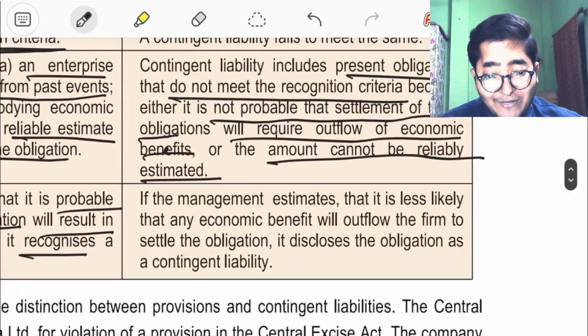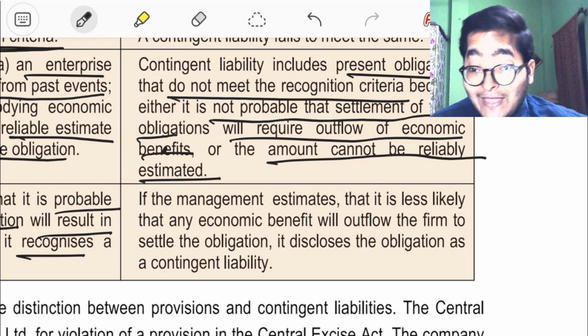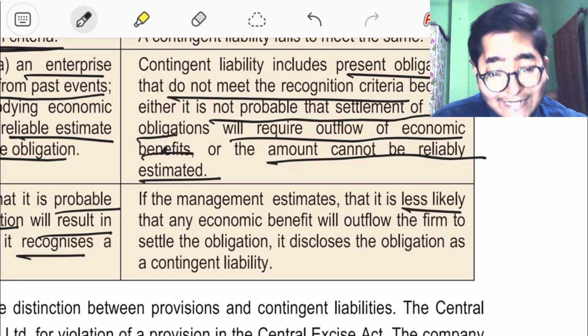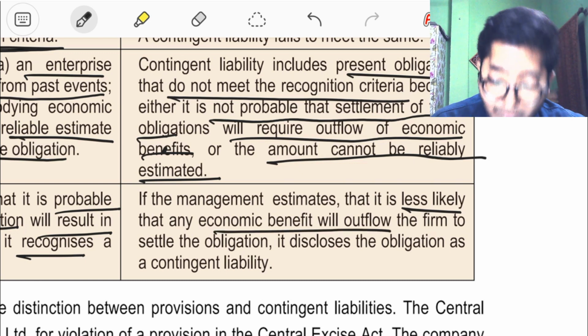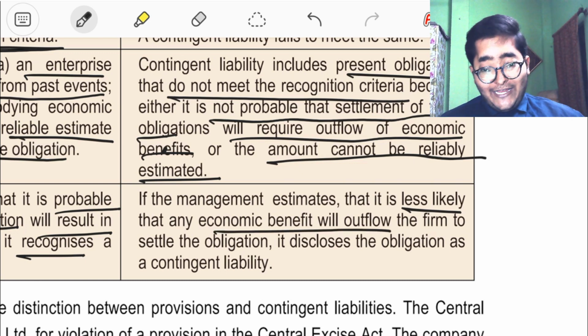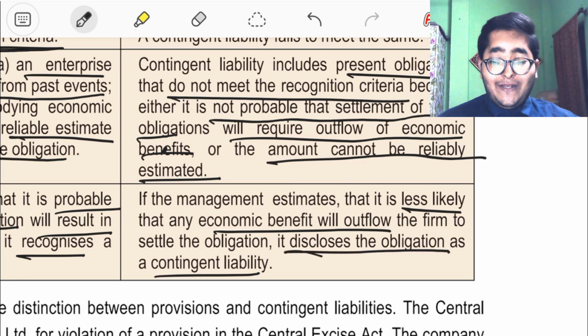Next, contingent liability. If the management estimates that it is less likely that an economic benefit will outflow from the firm to settle the obligation, it discloses the obligation as a contingent liability.